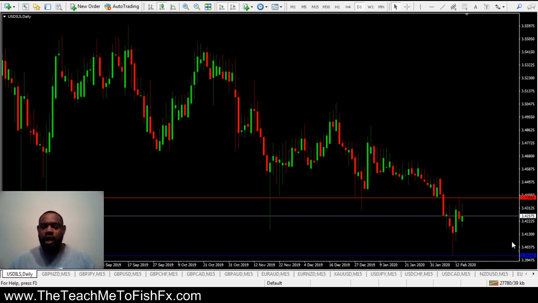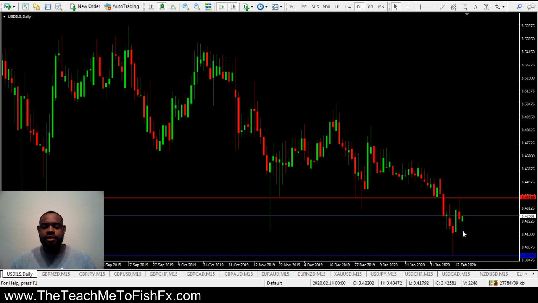Be patient and allow price to bounce between this support and this resistance. Once price actually breaks out, you wait for it to come back to retest the resistance, because it's going to break out and come back and retest it to see if it can be used as a support level.